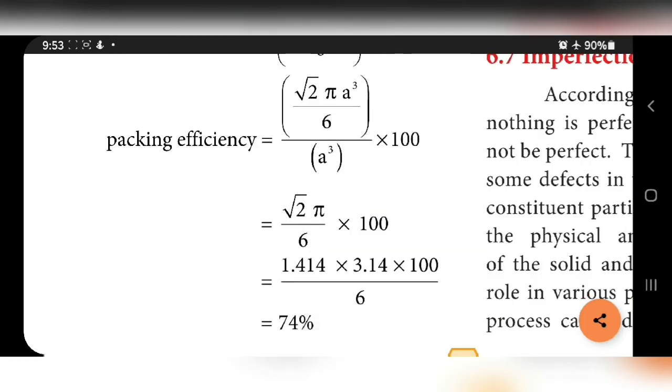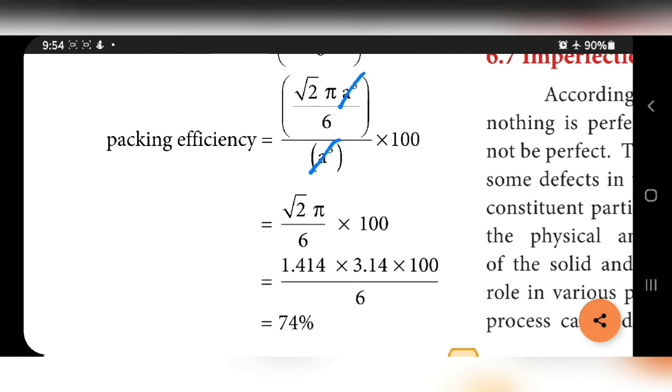We apply this value in the packing efficiency equation: the total volume occupied by the spheres, that is root 2 pi a cube divided by 6, divided by the volume of the unit cell, that is a cube, into 100. We can cancel a cube and a cube, and you will get root 2 pi divided by 6 into 100.